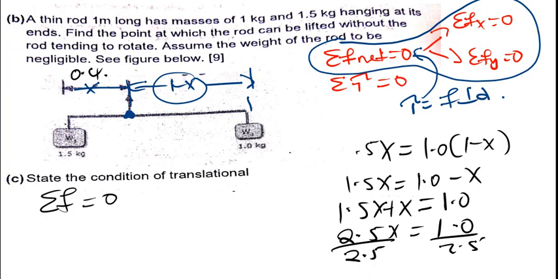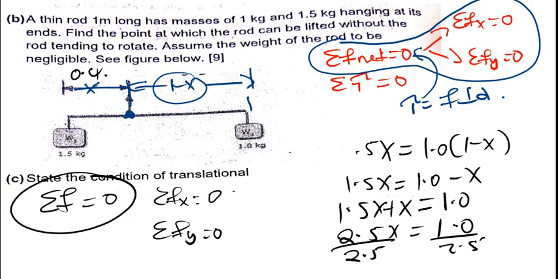That's the condition of translation. So you have the summation of forces in x should be equal to 0, and the summation of forces in y should be equal to 0. So you just say the summation of all the external forces should be equal to 0. That's all.